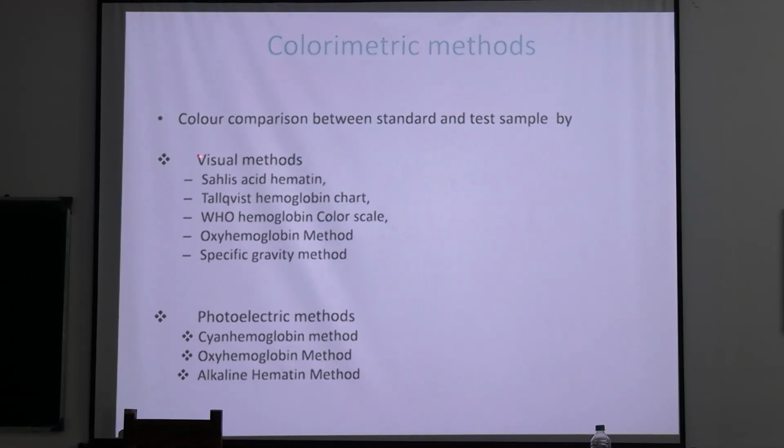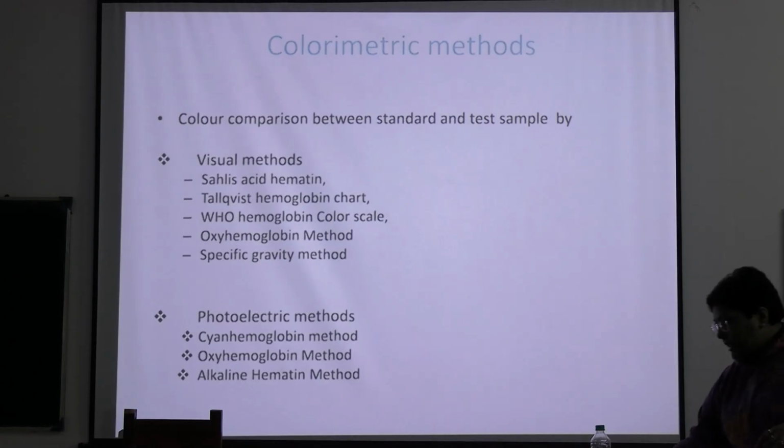The machine uses a different technique. So, there are some visual methods. These visual methods are Sahli's acid hematin method, then Tallqvist hemoglobin chart, WHO hemoglobin color scale, oxyhemoglobin method, specific gravity method. These are just visual methods.